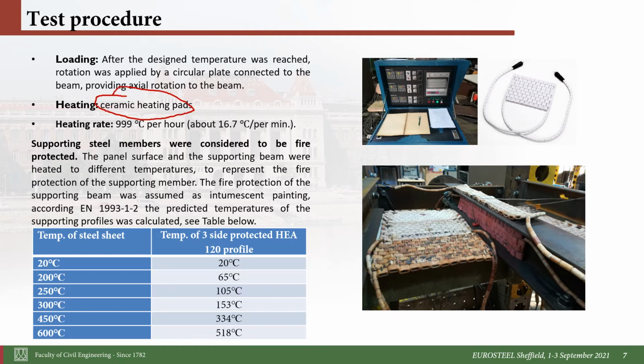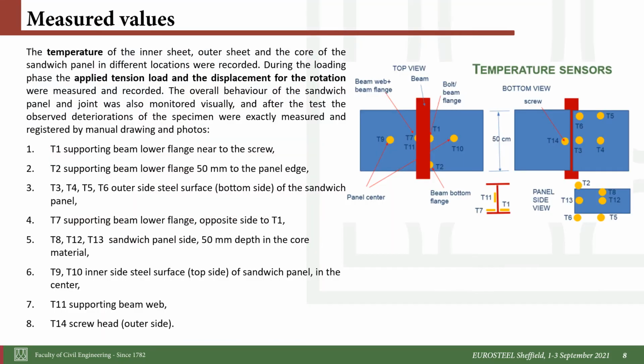You can see on the right side a pad and the application of the pads. We applied it on the sandwich panels, and we assumed that the steel member was considered as a highly protected section, so we applied a lower temperature there on the I section as well.